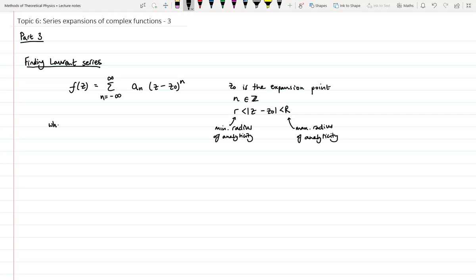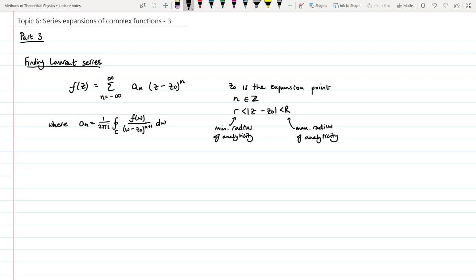And you'll also recall that we derived the expression for these coefficients as 1 over 2 pi i, the integral around a circular contour that lies in that annulus of analyticity, f of w over (w minus z naught) to the n plus 1, dw.